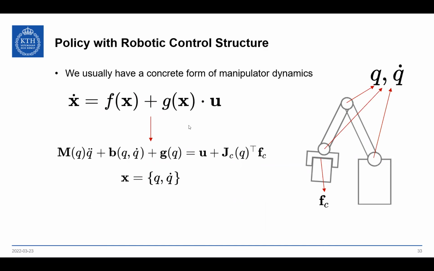You can break down your control into some kind of manipulator dynamics. For robotics people this looks quite familiar, but you can check that it follows a form like this. You have concrete terms for your mass, your gravity, and how to write all of these things down.